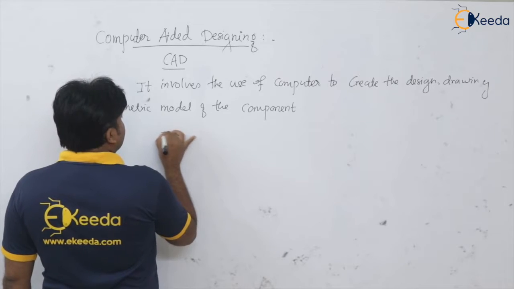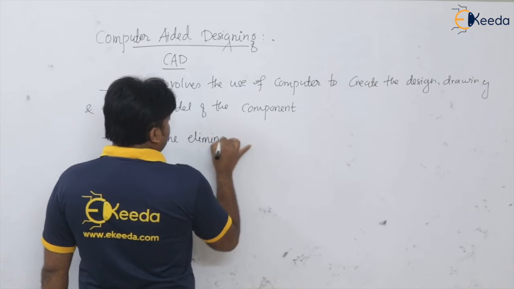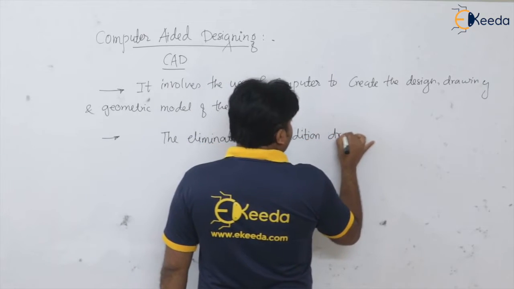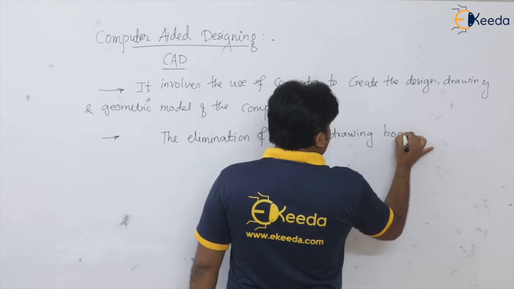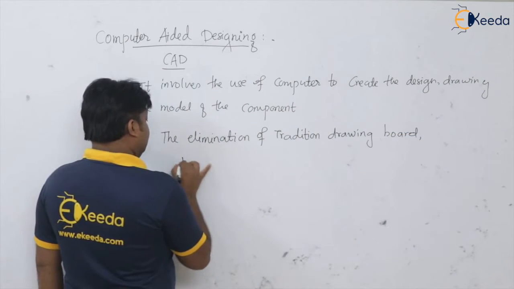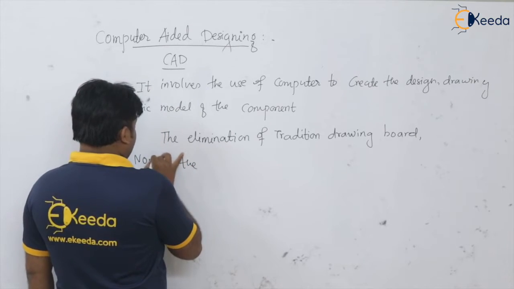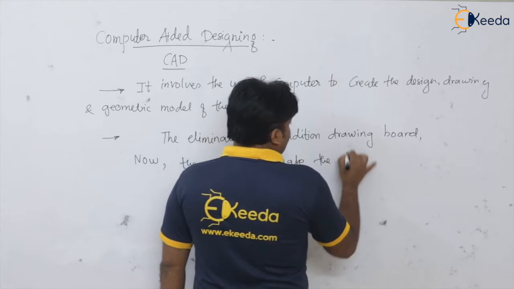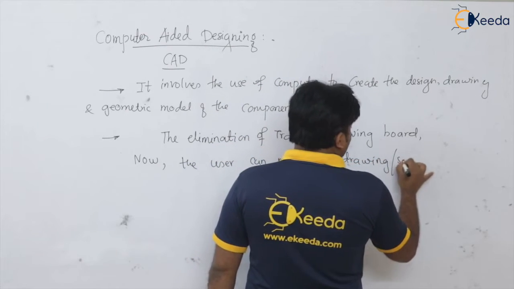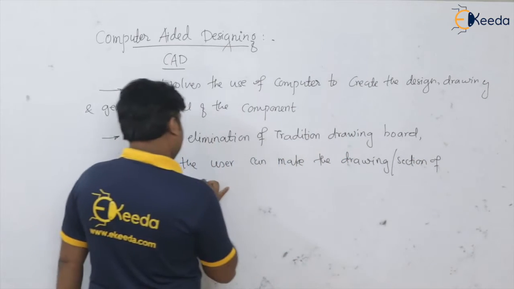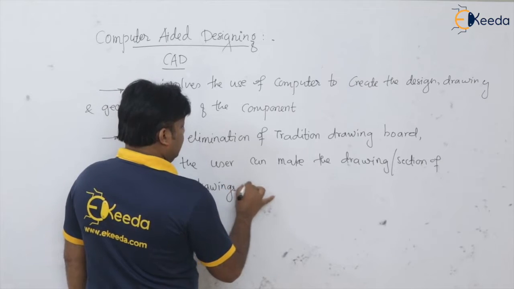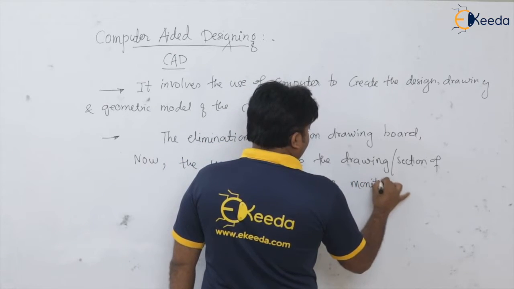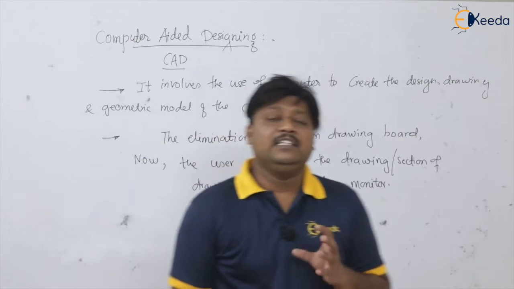So here the elimination or replacement, rather we can say, of the traditional drawing board, and now the users can make the drawings or the section of drawings on the computer monitor. So this is the basics of the CAD system.